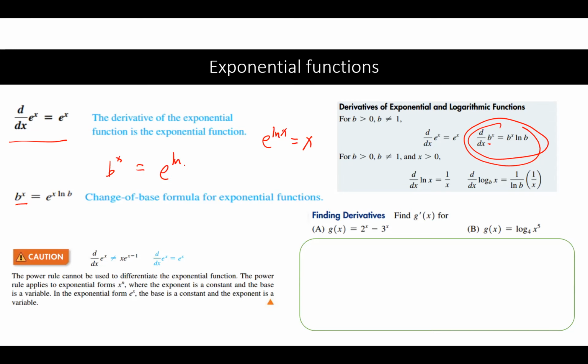So assuming this is x, it's going to be ln b^x, and what we're doing is moving x down. Here we now have e to the power of x ln b. This is called the change of base formula for exponential functions, and this is something to keep in mind, as it may come in handy when we actually solve the problems here.